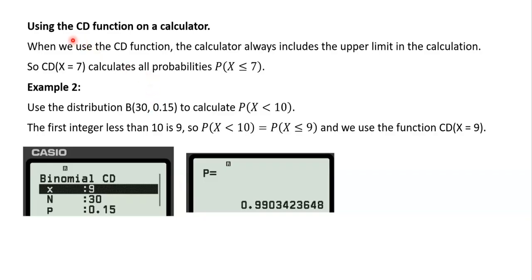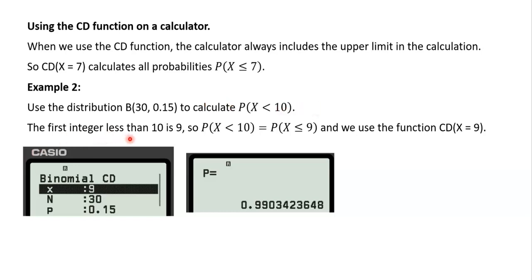We need to talk a little bit more about using the CD function on your calculator. Whenever you use the CD function, the calculator always includes the upper limit in the calculations. So when you press CD x equals 7, it does all the probabilities from 0 up till 7. So when we need to calculate, for example, the probability that x is less than 10, we should not include 10 in the calculations.